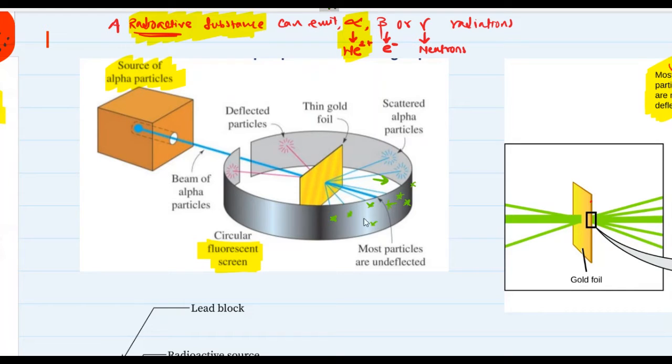Okay, so I'm just showing because I don't have the other side to be there. But yes, there were these shining dots appearing now and then on the front side of the screen. That means most of the alpha particles are crossing the gold foil, penetrating the gold foil, entering the gold foil, and emerging out from the other side, and striking the circular fluorescent screen placed on the other side of the gold foil.